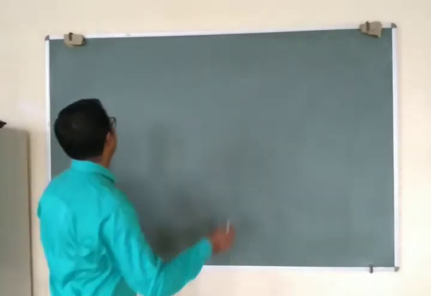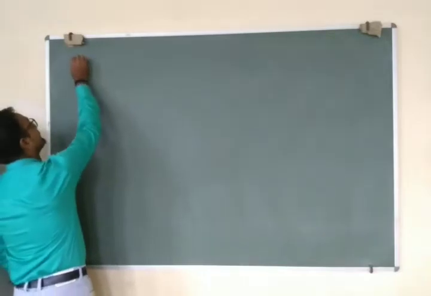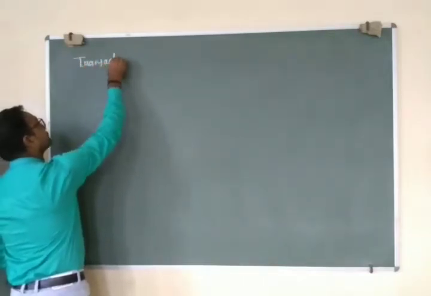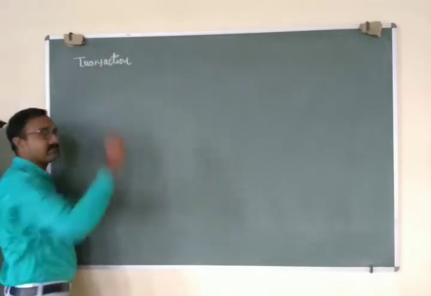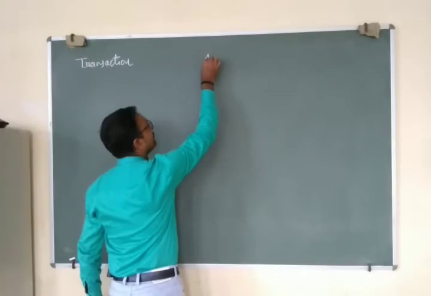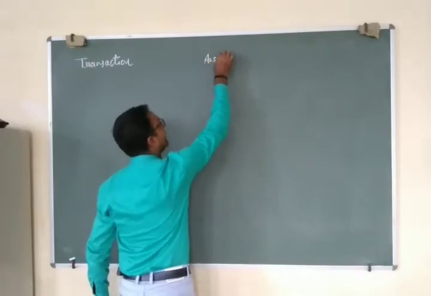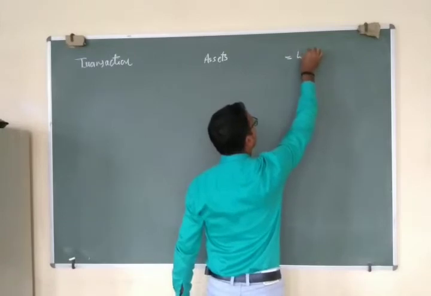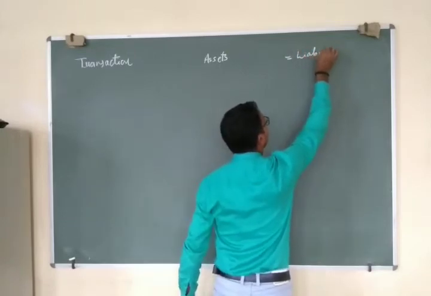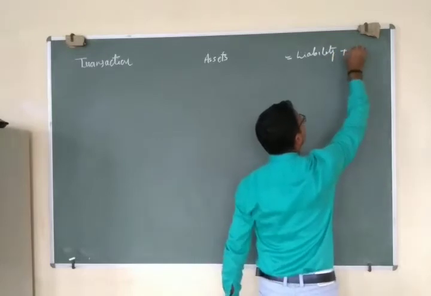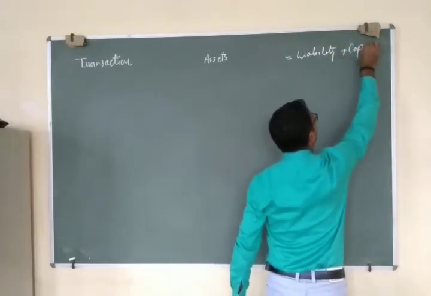First we have to write our transactions, then after that the main basic equation, that is assets is equal to liability plus capital.